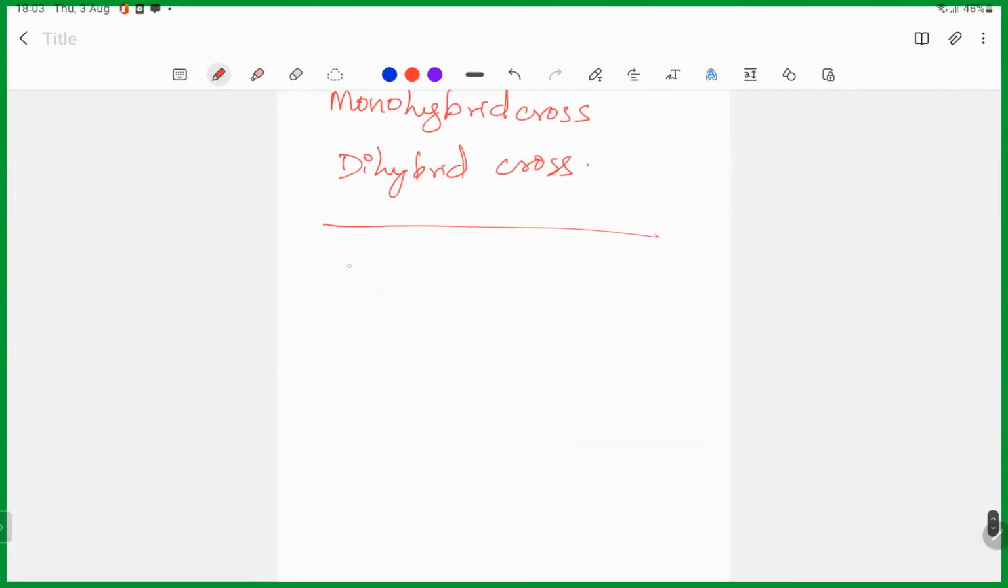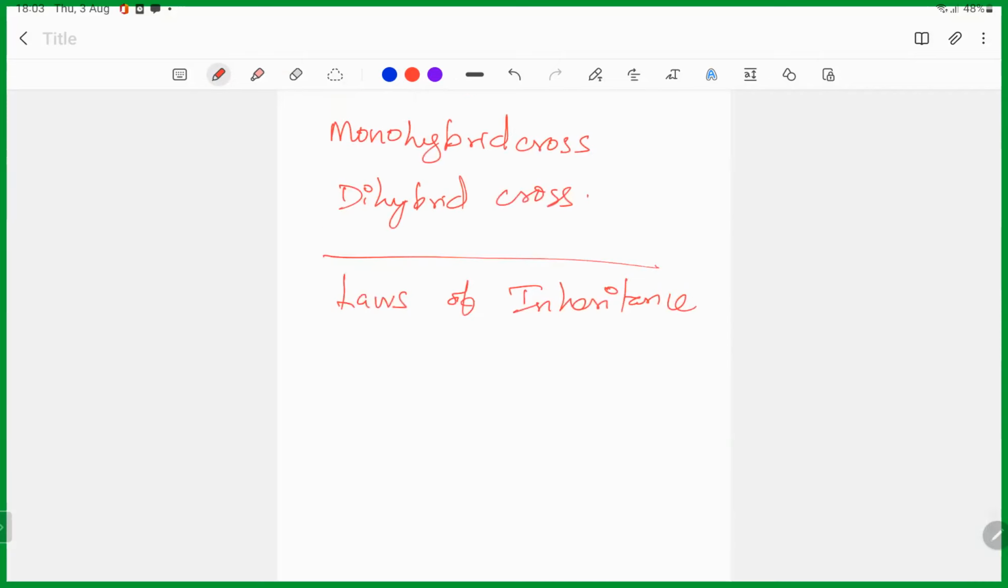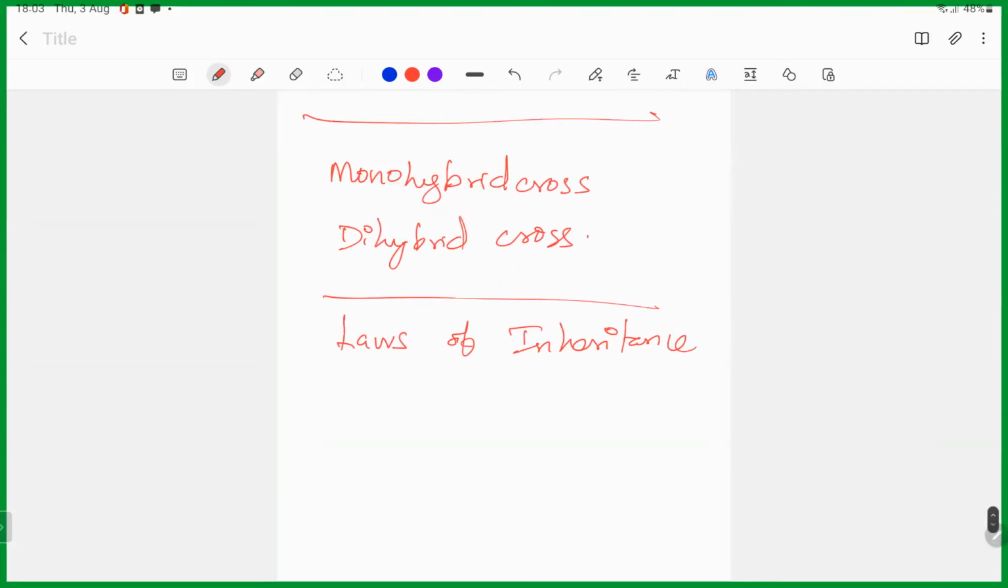Definitely you should be able to explain the laws of inheritance. Don't hurry. And then what are the laws of inheritance?